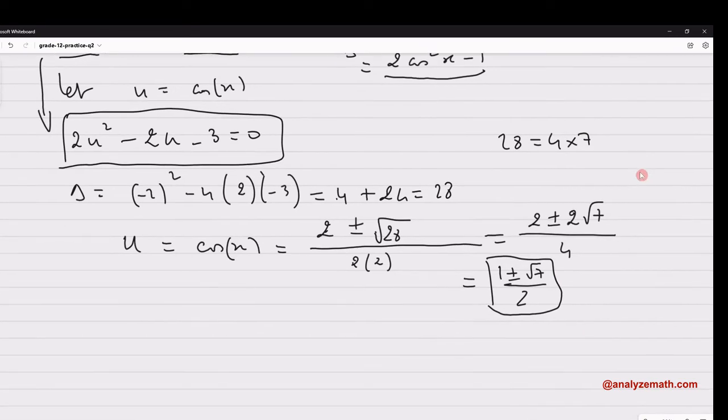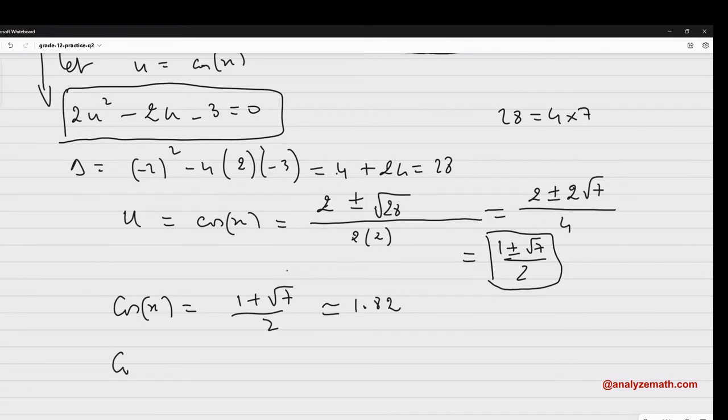Good. So we have two solutions. The first one is cosine x equal to 1 plus the square root of 7 over 2. If you take a calculator, that gives approximately 1.82.